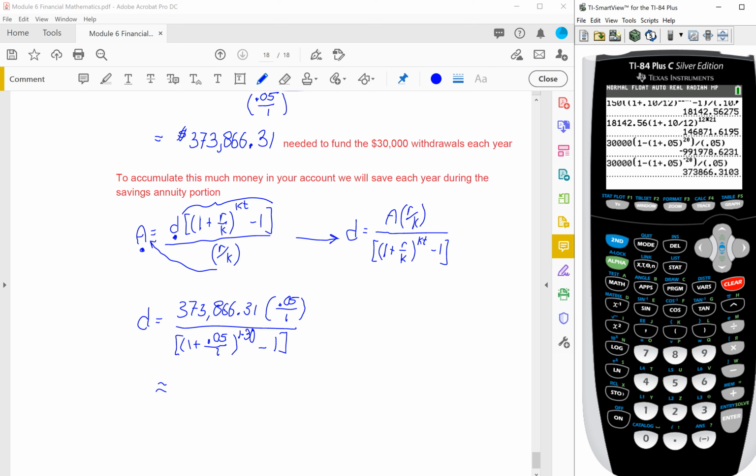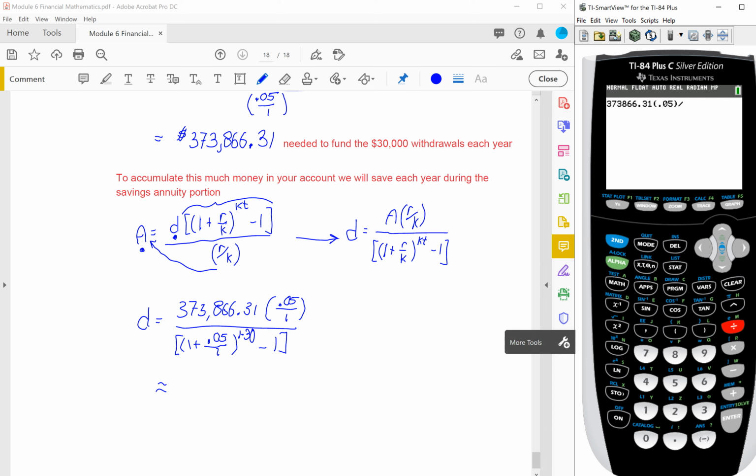Okay, so grab your calculator. We have 373,866 and 31 cents times the 0.05 divided by 1. I'm just going to write the 0.05. Divide by, now the first bracket to represent our grouping symbol for the denominator. A second parenthesis to represent this one, the small parenthesis. 1 plus, again, your interest rate divided by 1 is just 0.05.